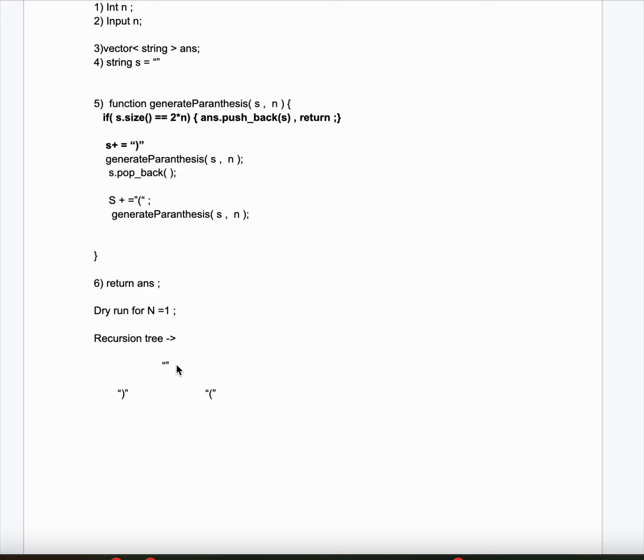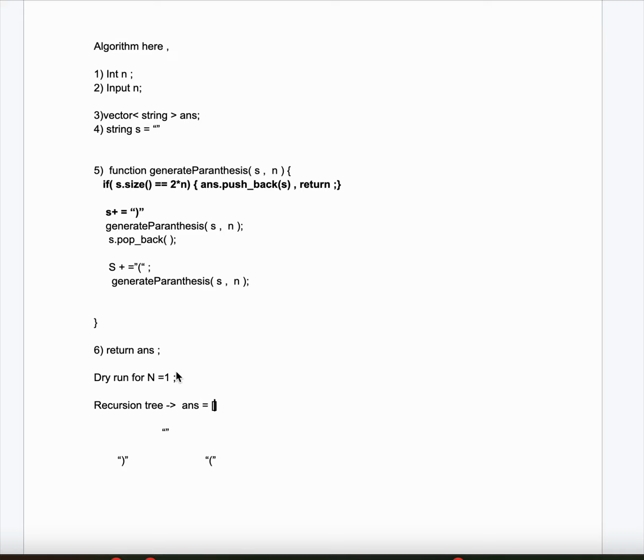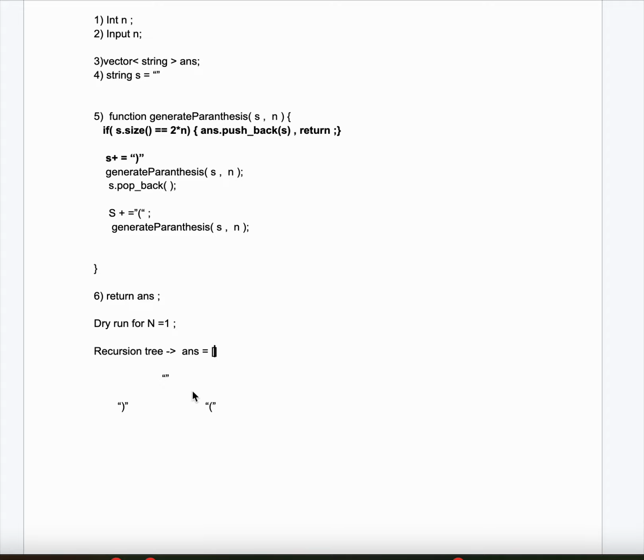You can see we have a string as empty here. We have a vector of strings, answer, somewhere. This is an array. Now we have a string, and n equal to 1. Now we will go inside the function.